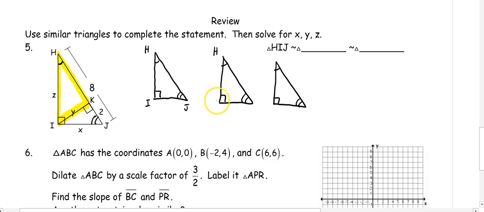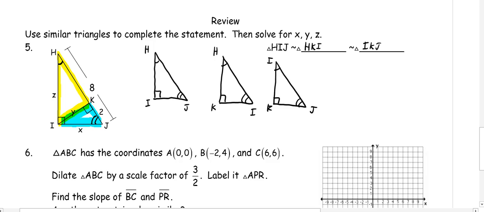The new right angle is going to be K, and so the leftover angle would be I. And then for the last triangle, we see that J is in the same spot, so it's going to go in the bottom of the triangle. K is the right angle, so I has to go up top. So remember, I should end up in all 3 places. So we would have HIJ is similar to HKI, which is similar to IKJ.